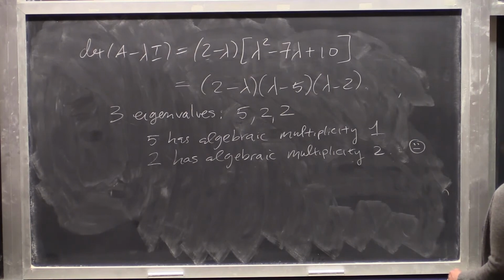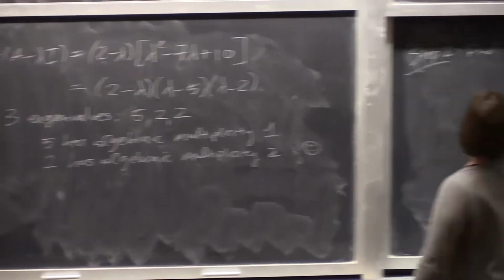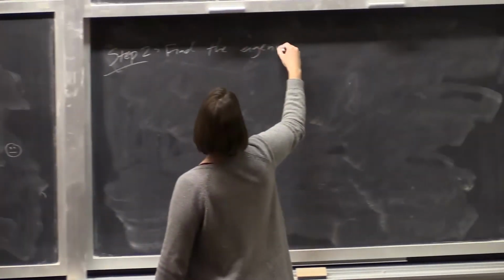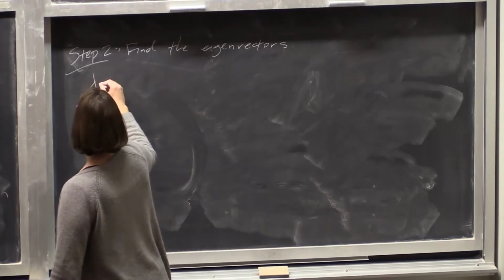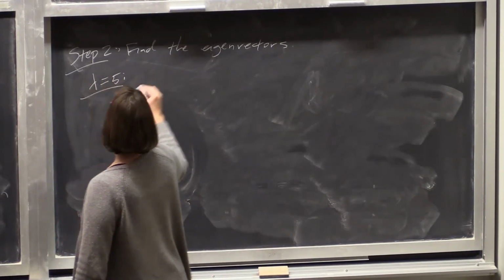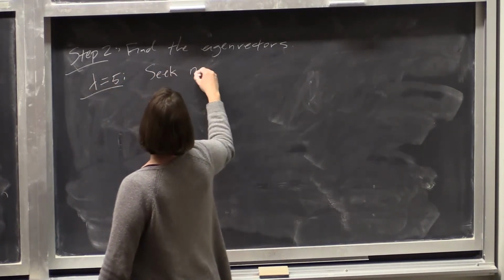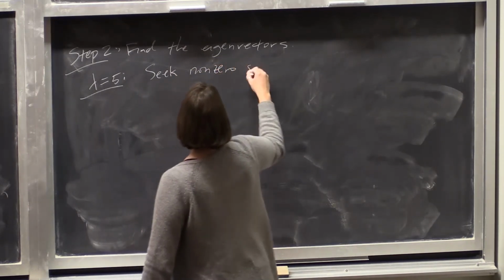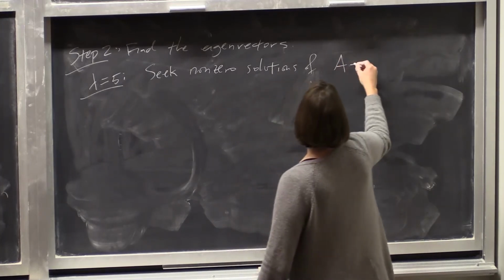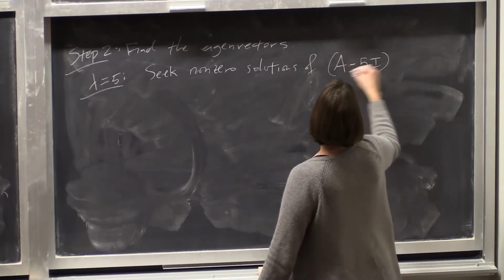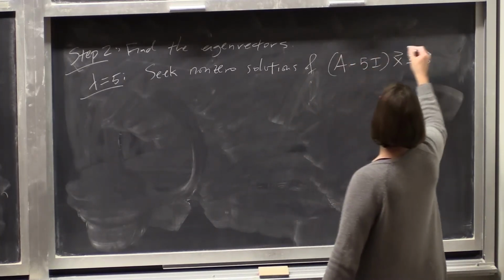So step 2, find the eigenvectors. So first we'll do lambda equals 5. So we seek non-zero solutions of A minus 5 times the identity times x is the 0 vector.